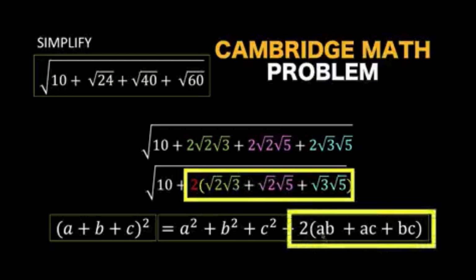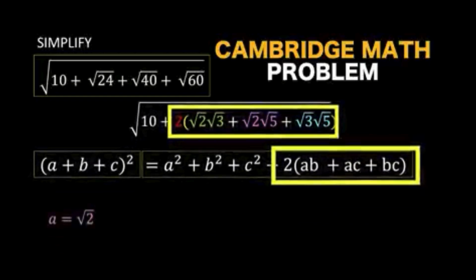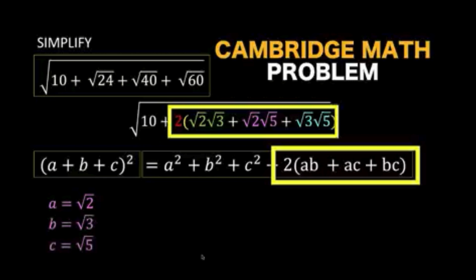Notice that if a is equal to square root of 2 and b is equal to square root of 3 and c is equal to square root of 5, these two expressions are equivalent in form. So with that as our observation, we now assign these values. Let A be equal to square root of 2, B equals square root of 3, and C equals square root of 5. That way, these two box expressions are equal.